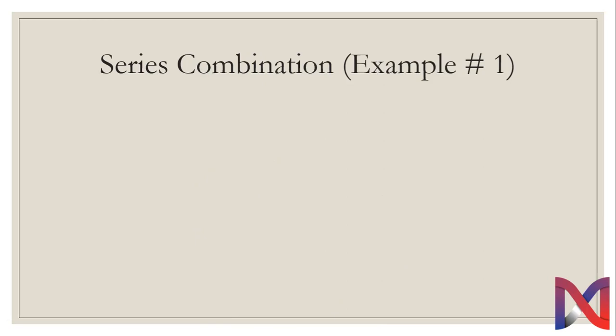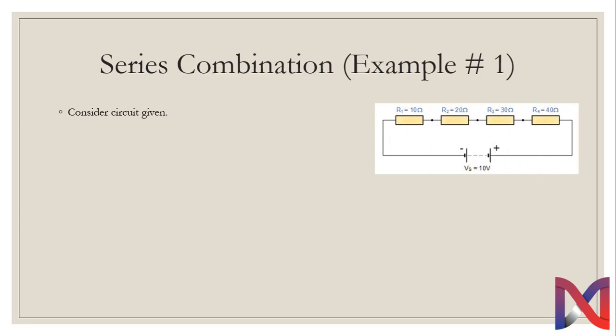Let's go and look at our first example of series combination. Consider the given circuit. We are having 4 resistors connected in series, 10 ohm, 20 ohm, 30 ohm and 40 ohm resistors, and 10 volts is applied.